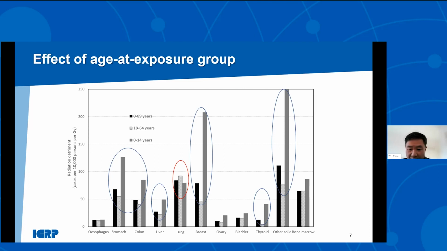For most cancer types, the detriment for the young age at exposure population, 0 to 14 years, is higher than that for the whole population, 0 to 89 years, shown in blue elliptical circles. In some cases, breast cancer, thyroid cancer, and other solid cancer, indicated by the last 3 blue elliptical circles, the detriment for age at exposure 0 to 14 years is about 2 to 3 times higher compared with that of 0 to 89 years.